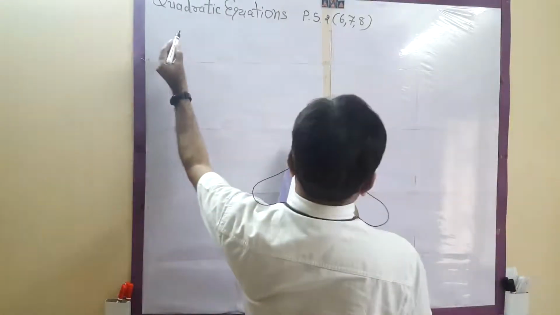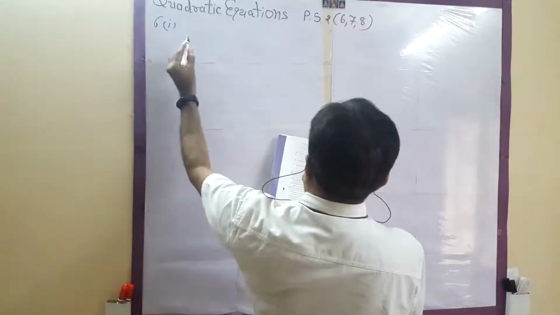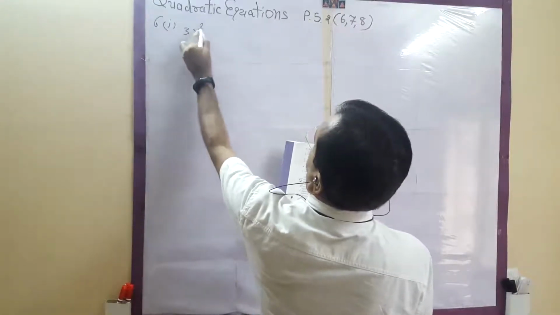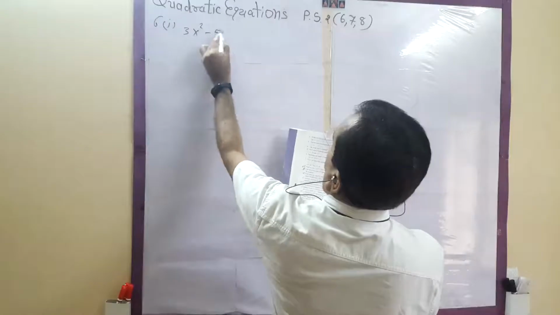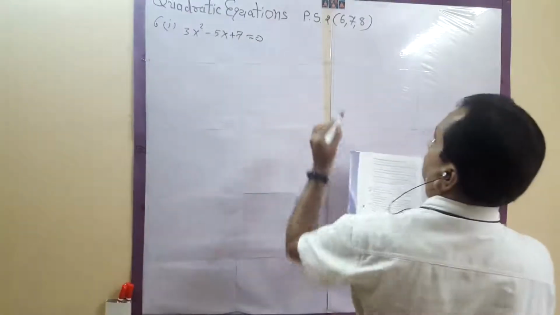For example, question 6 first: 3x square minus 5x plus 7 is equal to 0.